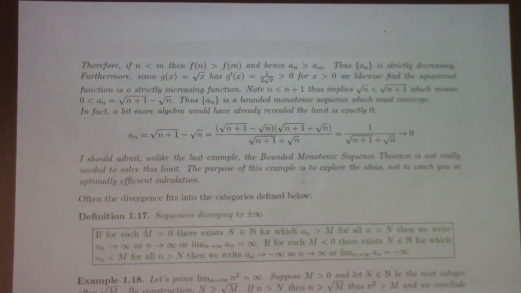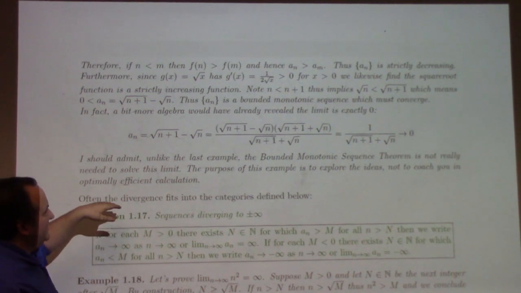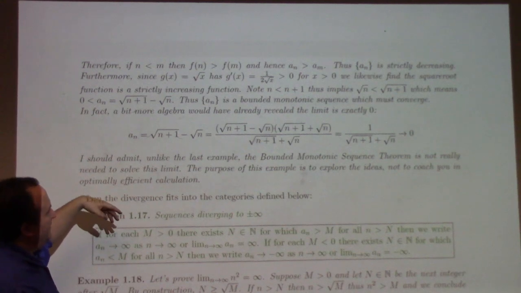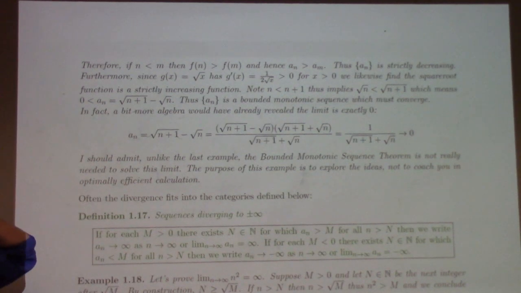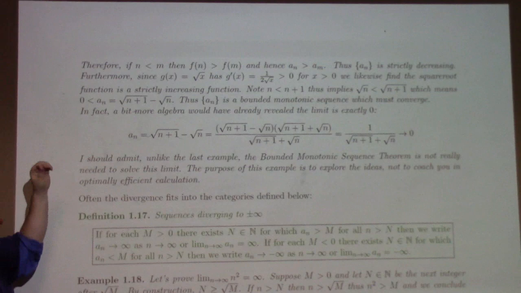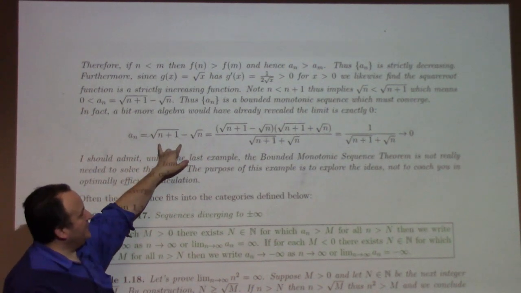And then I argue that in fact it's a bounded monotonic sequence, which means the limit exists, all right? So this is a kind of forced example. Like, fine, it's true. But really, if you want to know what the limit is here, I don't use the recursive thing here, right? What do I do? Look at this. To calculate the limit here, we do what?